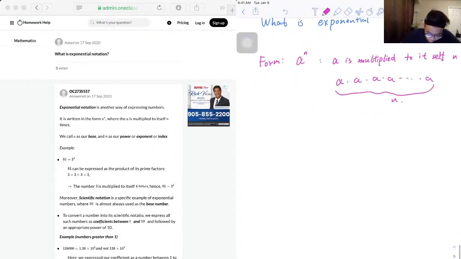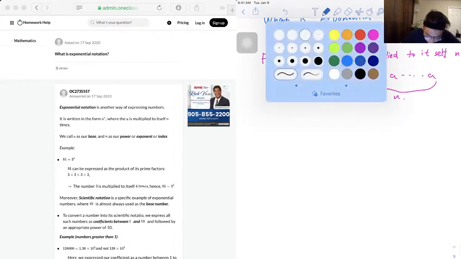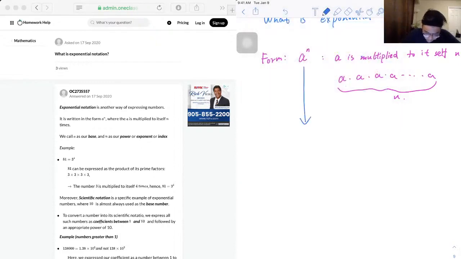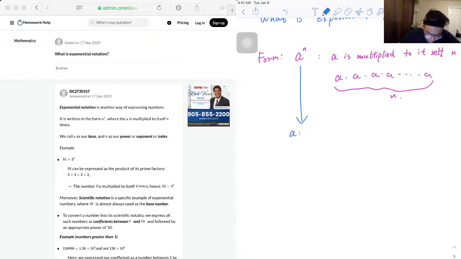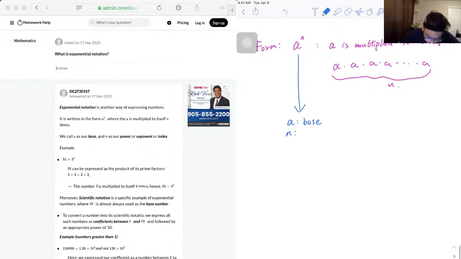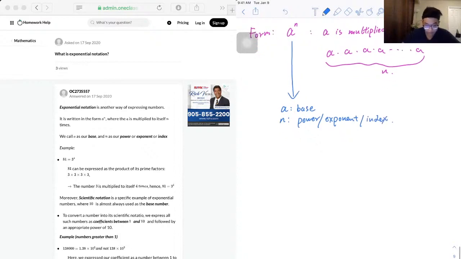And the second thing is, in this case, a is what we call the base. Well, n is our power, or exponent, or index. So the power, exponent, or index. Right.